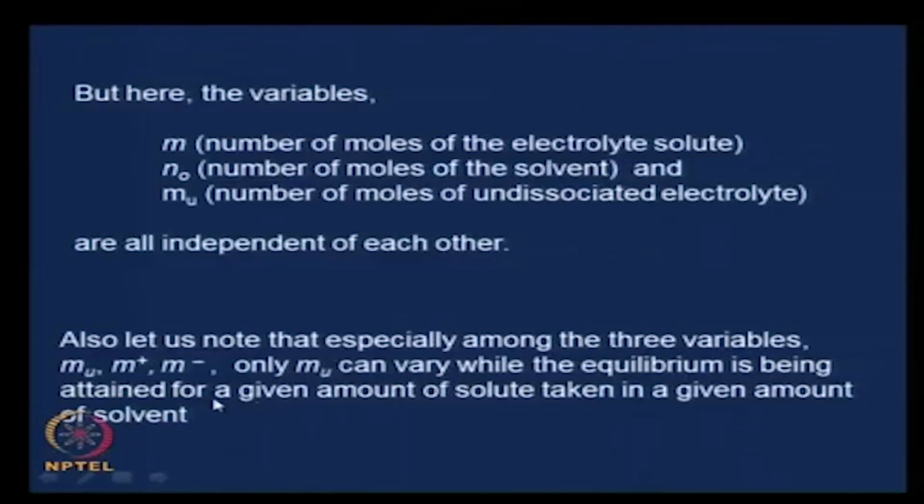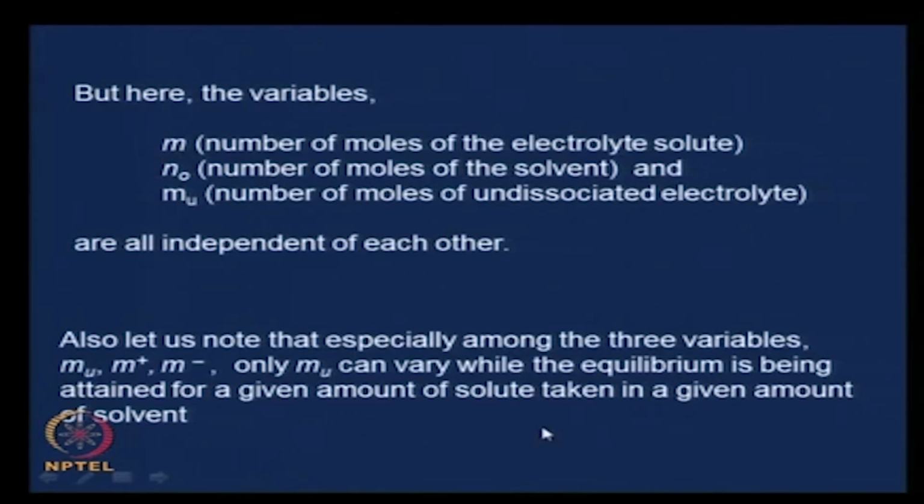That is governed by equilibrium. Therefore only one of them can be considered to be independent, whereas the other two will depend on that based on the equilibrium conditions. Therefore only mu can vary while the equilibrium is being attained for a given number of moles of solute n taken in a certain number of moles of the solvent n0.